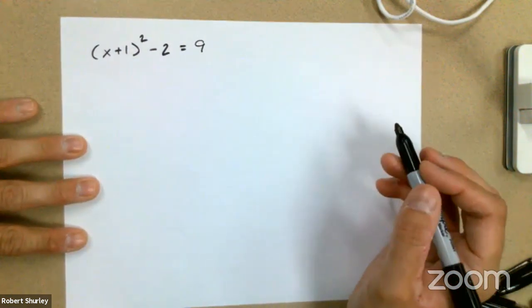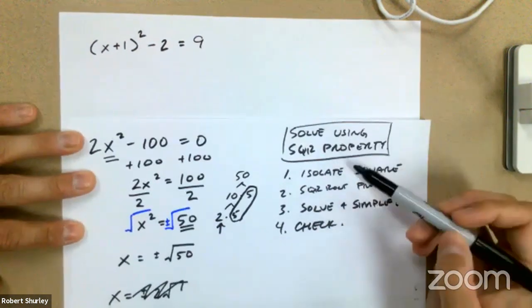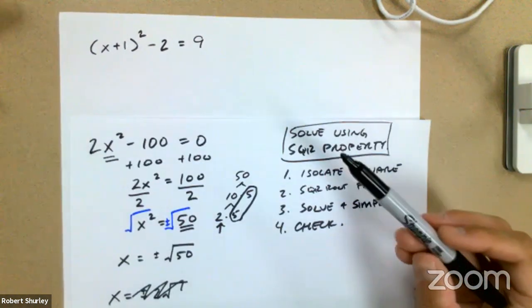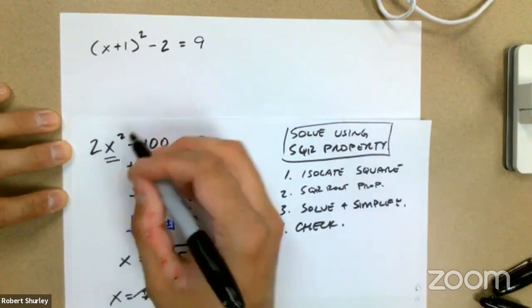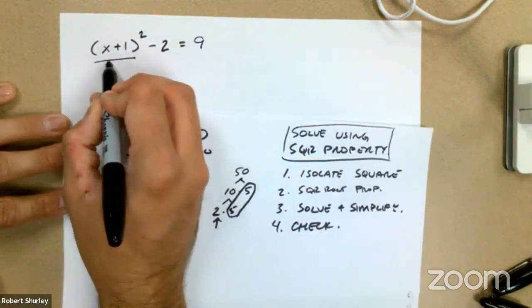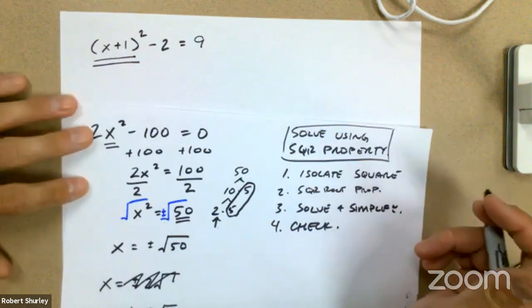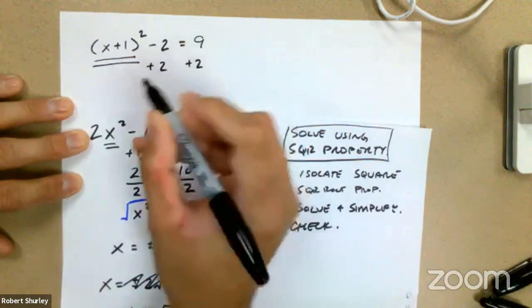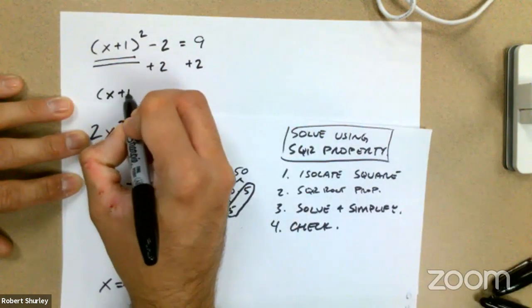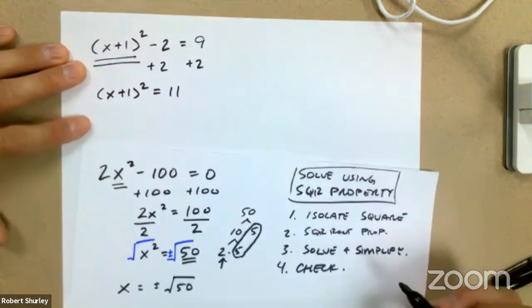Now I'm going to follow those same rules. Okay? Same rules. I'm going to isolate the square. Now what's different is the square isn't just a variable here. Okay? The square is a binomial. So I've got to get this whole thing by itself now. Okay? I've got to get this whole thing by itself. So I'm going to add the 2. And I get x plus 1 squared equals 11.